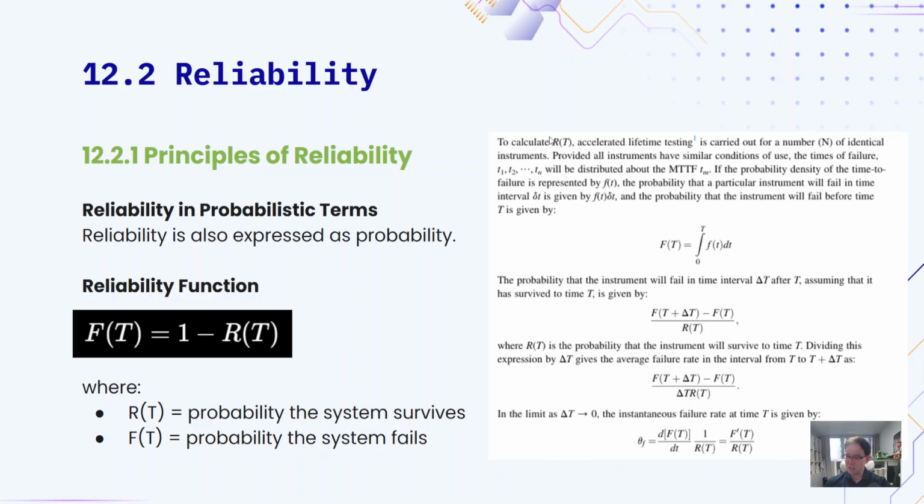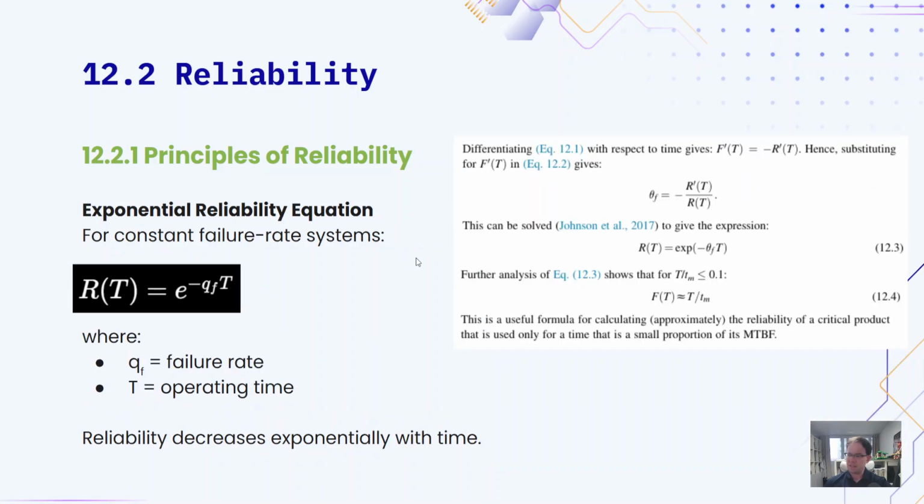And this is the equation of how they calculated all of that, how you can get to that. As the limit delta t approaches 0, the instantaneous failure rate at time t is given by that final equation. So this is how all of that is kind of worked out using n number of identical instruments, etc., etc. You can read that yourself later if you are curious. I provided it for your reference if you are curious.